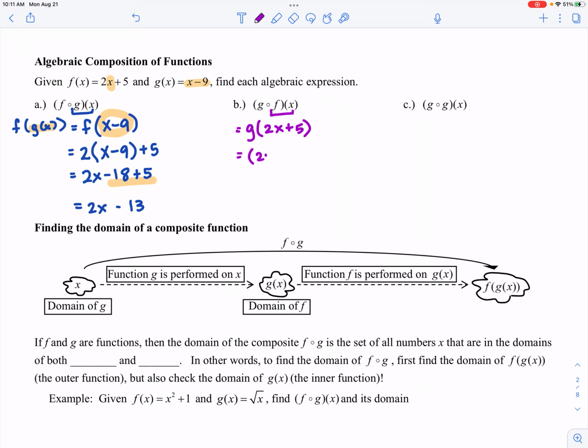So my x is 2x plus 5 minus 9. And again, because there's nothing in front of those parentheses, I can just delete those, get rid of those. And then just combine our like terms. So we have 2x minus 4. Again, these are not the same. They won't always be the same.